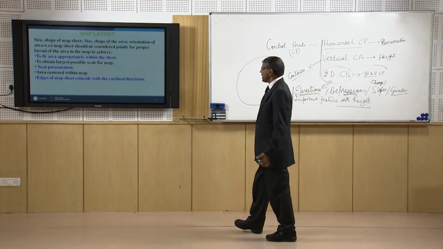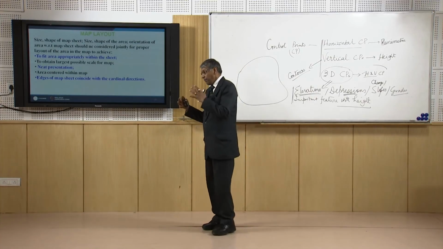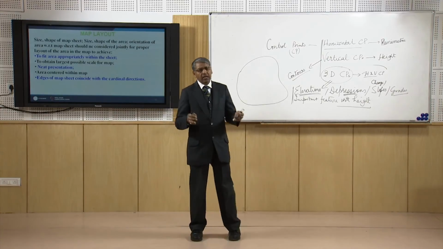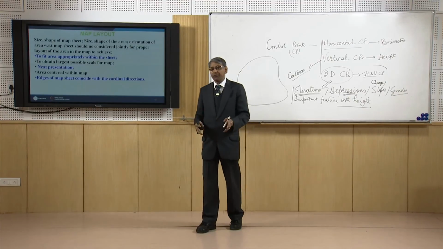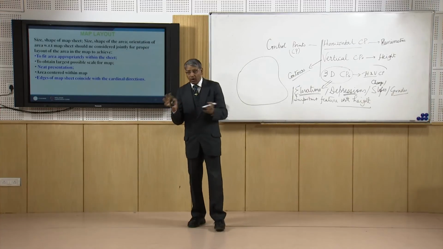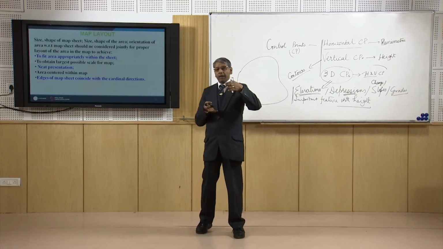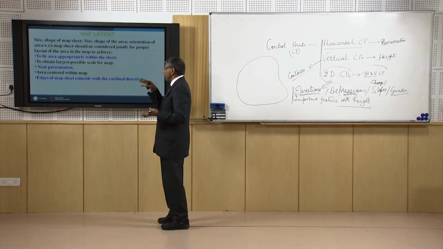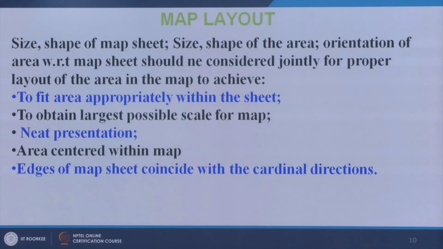Then after designing, we should think of how to lay our area in the map. For that we need to know the shape, size as well as orientation of the land, as well as the shape, size and orientation of the paper, and then we have to correlate all this to find out the best way to place our area in the middle of the map, so that the area fits into the sheet.